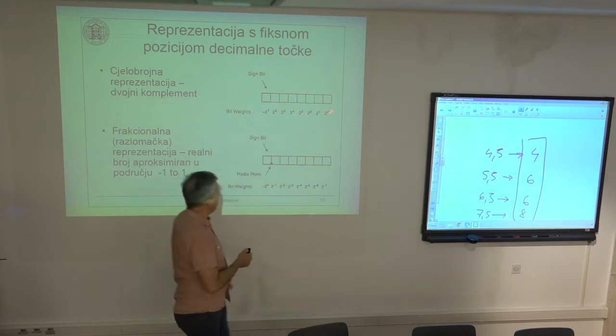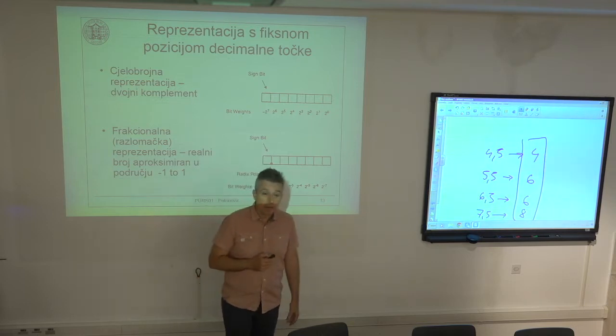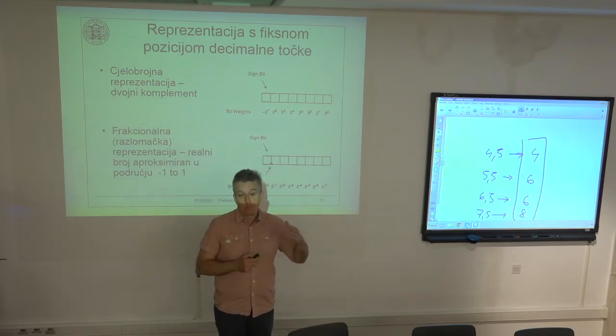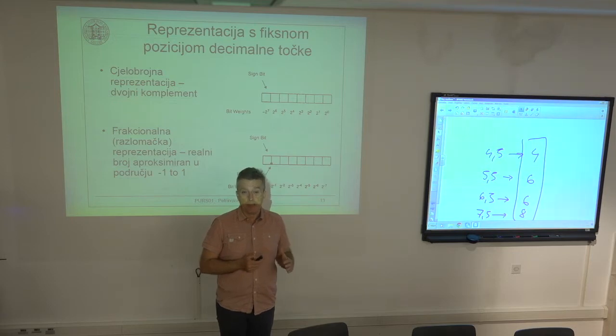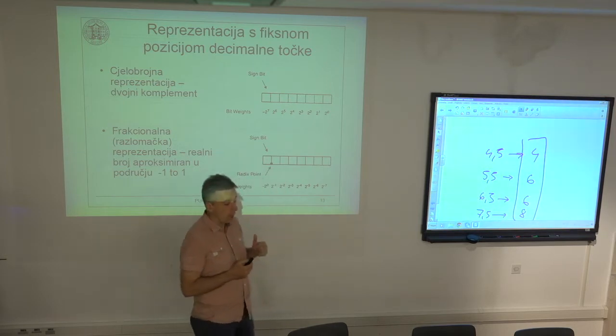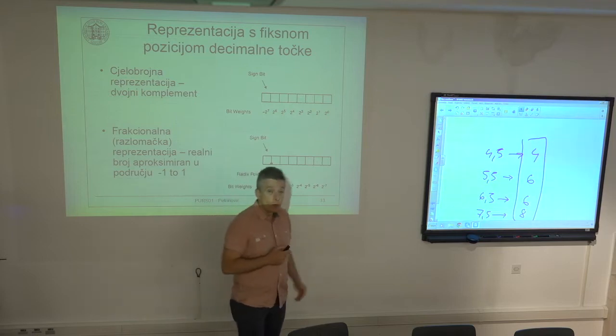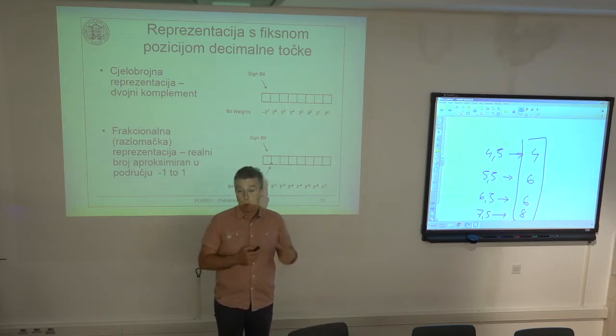So if I divide this 2's complement number by 128, the biggest negative number would be -128 over 128, so this is -1. And the largest positive number is 127 over 128, so almost 1.